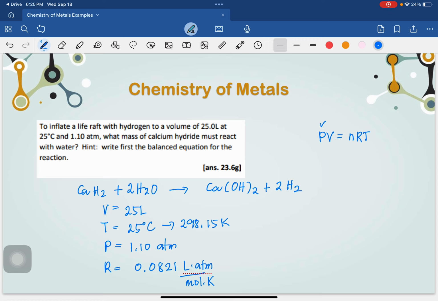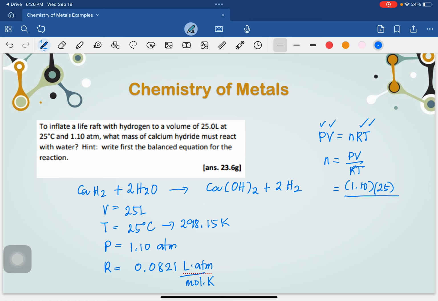We have everything. We have pressure, we have volume, we have R, we have T. So we can actually isolate n. n is equal to PV all over RT. And let's substitute our values. That's 1.1 multiplied by 25 liters.